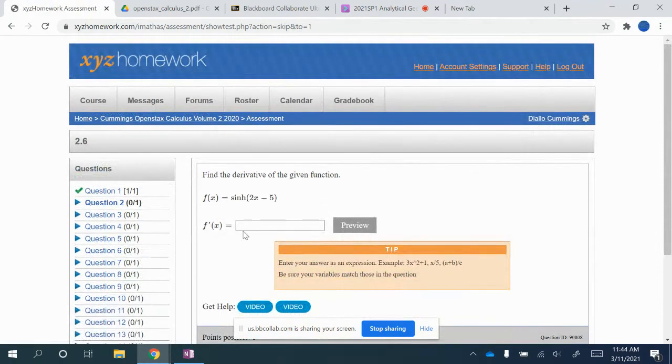Number 2 is pretty much the same. You're trying to find a derivative, so you would use the chain rule. Problem number 3, right here again, we would use a chain rule. Here we have the hyperbolic tangent of 5x plus 1, and we're asked to find a derivative.